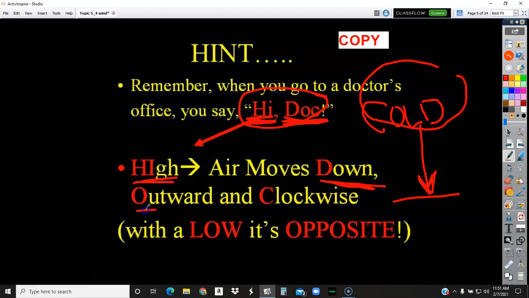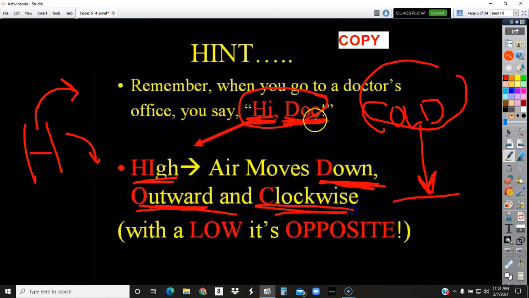And then the O stands for out, because remember on the picture I showed you a minute ago, it goes out of a high pressure, and then it curves to the right. That's clockwise. So you've got high doc. It means high pressure. The air goes down, out, clockwise. So that's where the doc part comes in. D for down, O for out, C for clockwise. If you remember high doc, then a low is the opposite.